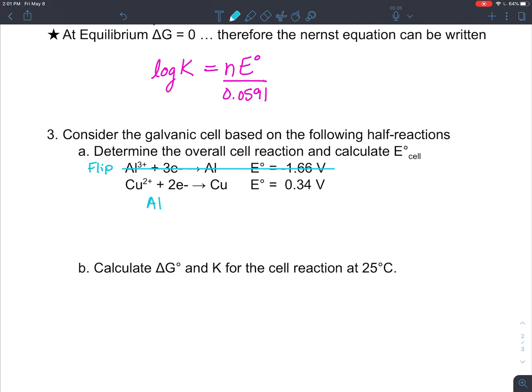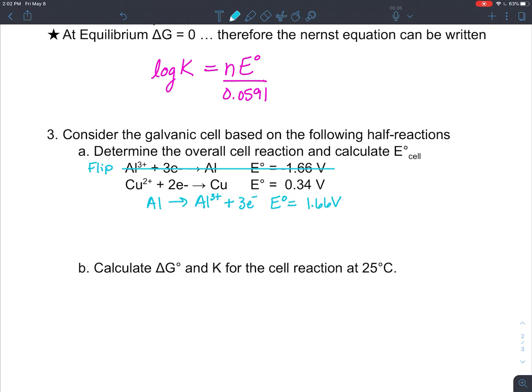So we have then aluminum on the left side, and then Al3 plus and 3 electrons on the right side, and that gives us a standard value for that half cell of 1.66 volts.